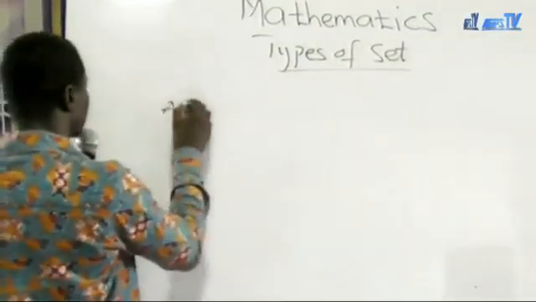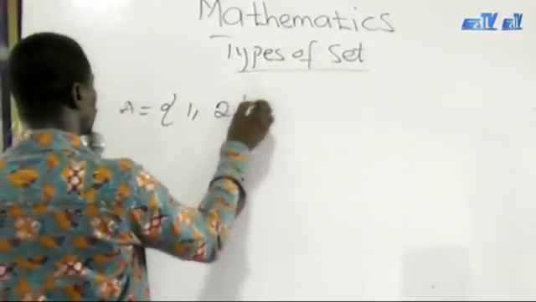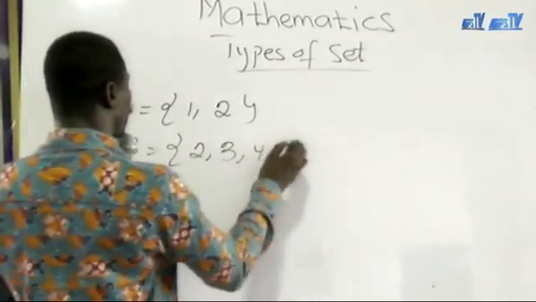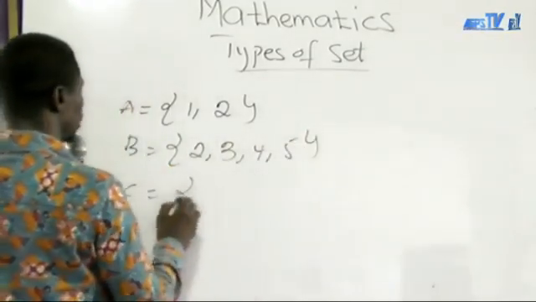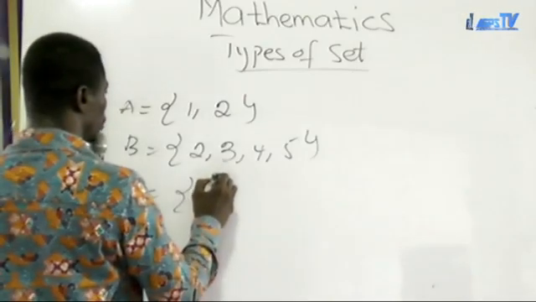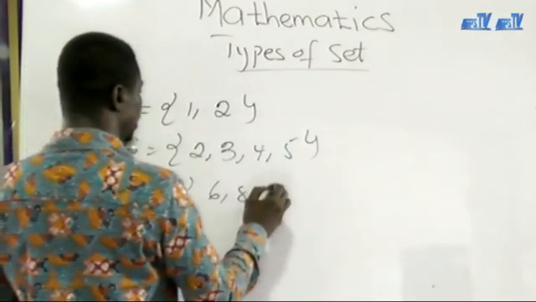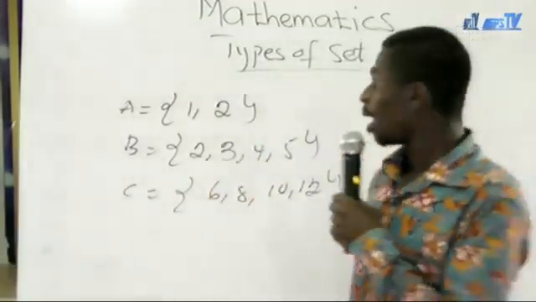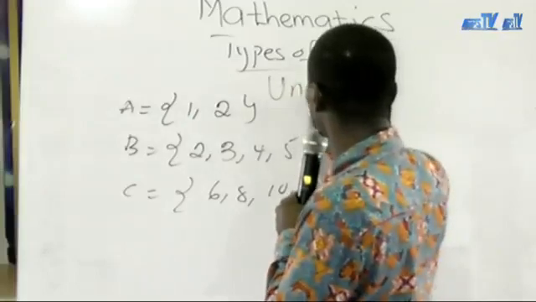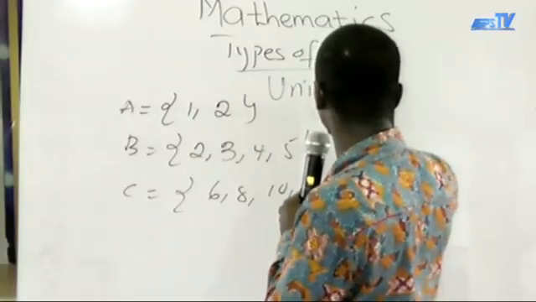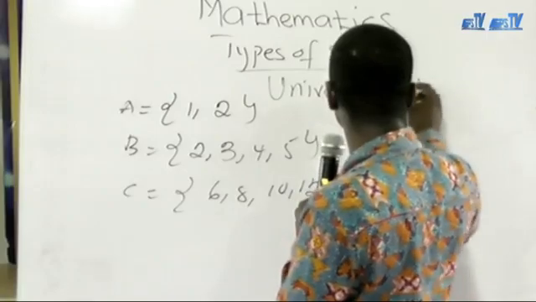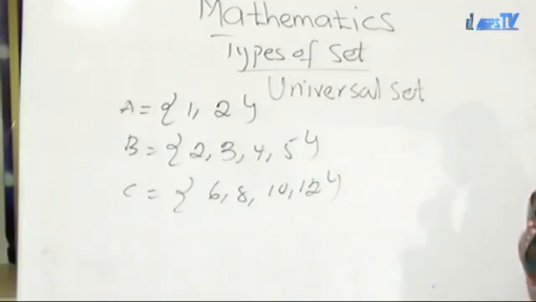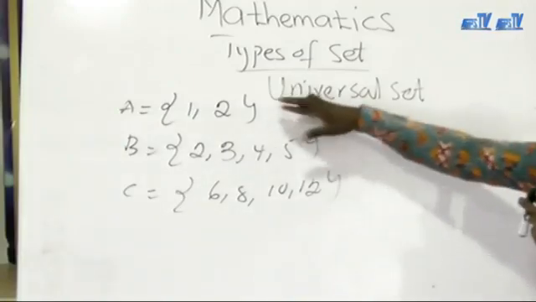Say set A, 1 and 2, set B, 2, 3, 4, 5, and set C, we have, say, 6, 8, 10, and then 12. So, universal set is the set I want to talk about. Now I have 3 sets.